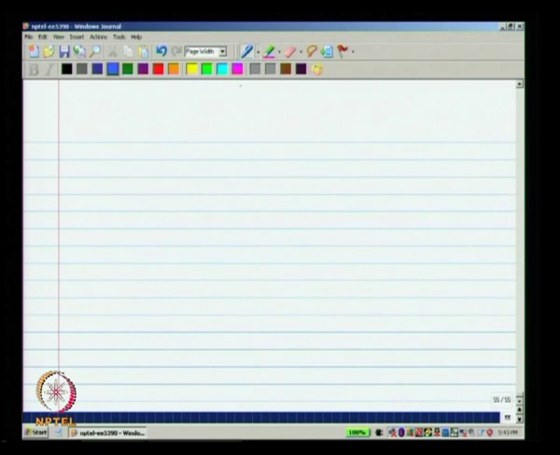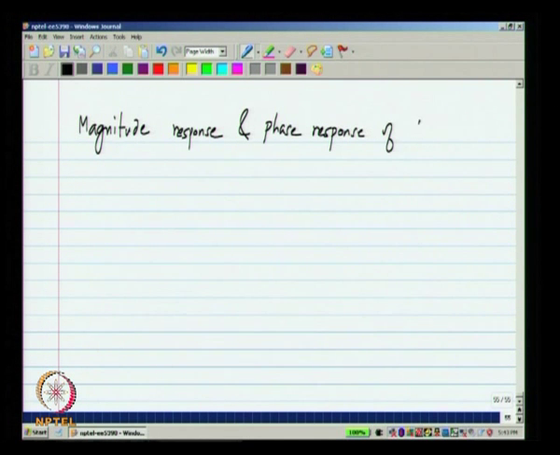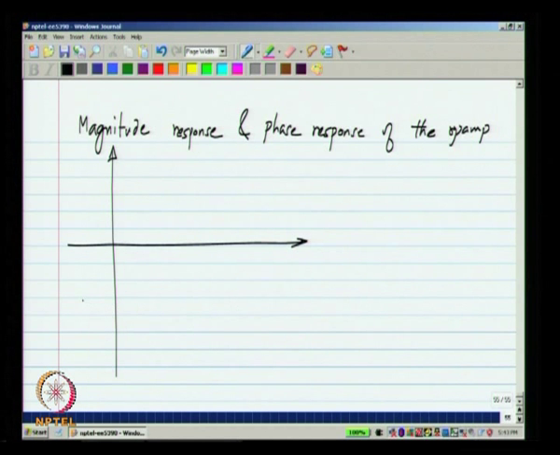And finally, we also have the magnitude response and possibly the phase response as well. The op amp, and these are evaluated with small signals, and this is basically the Bode plot of the op amp, so that you can ascertain stability.